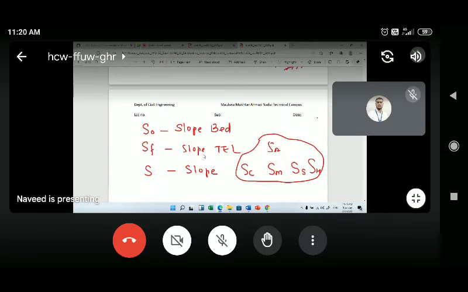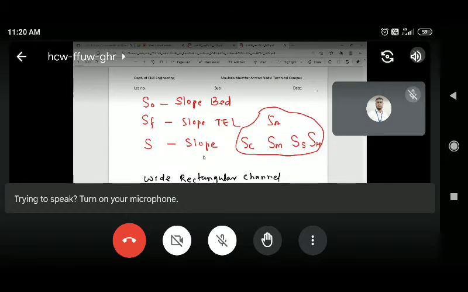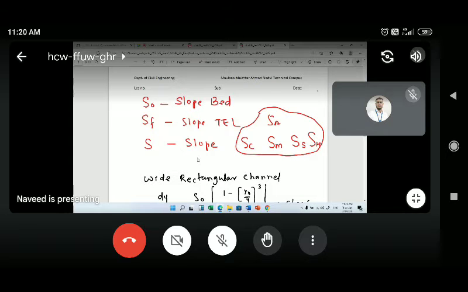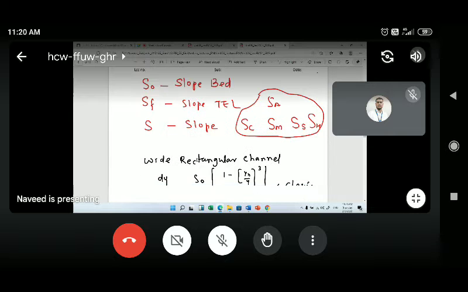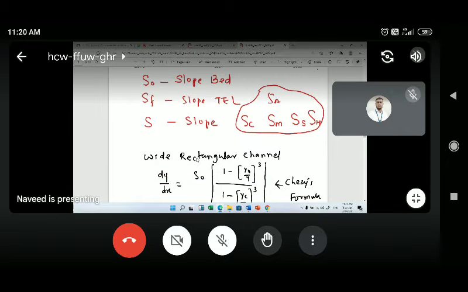Also some terminology I have said: S0 is the slope of the bed, Sf is the slope of your total energy line, and S is the slope if you are going for different types of slopes.